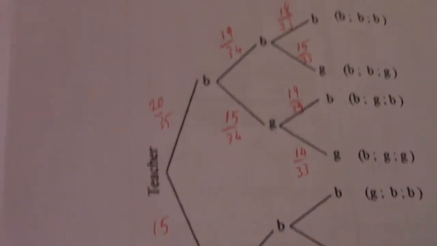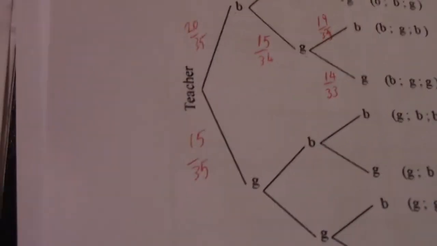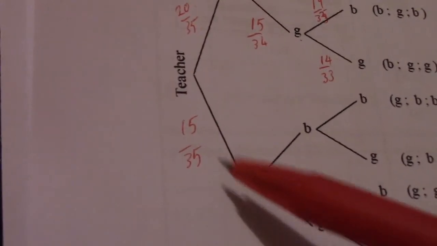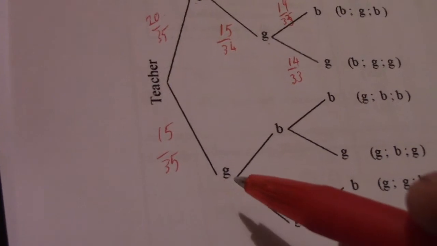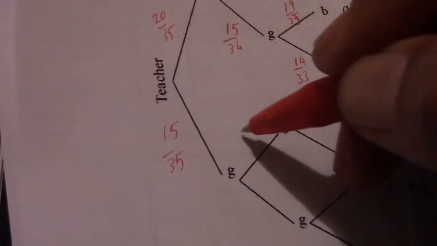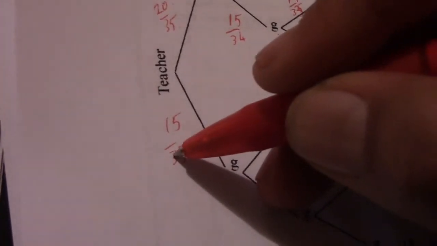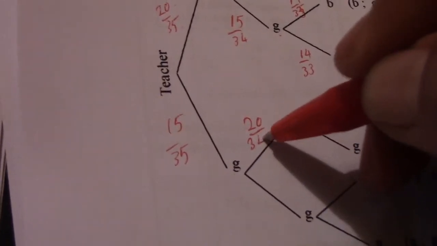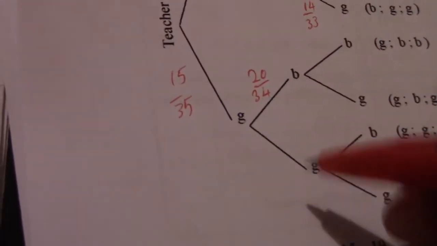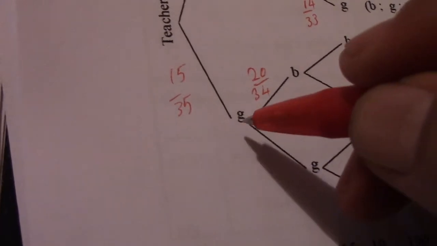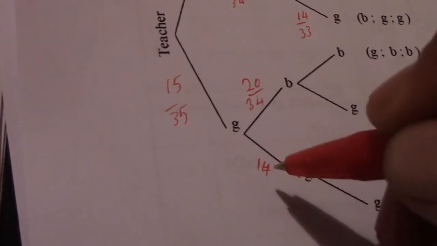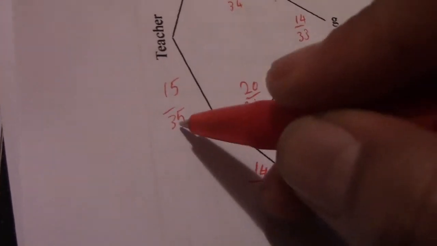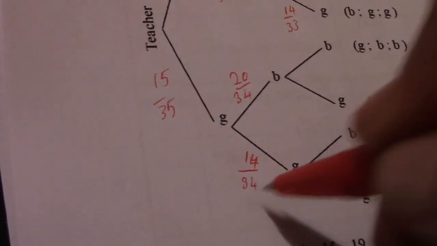I hope you follow, you see the process, right? So if I go through the process again, I've chosen one girl. If I choose a boy, I haven't chosen a boy yet, so I'm still left with 20 boys, but one learner less, so that is 34. If I choose a girl, I already chose one girl, so there should be 14 girls left, and the total becomes 34.